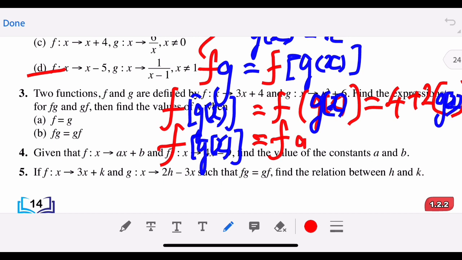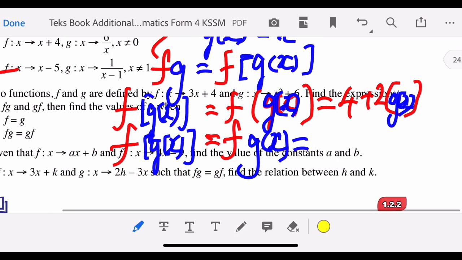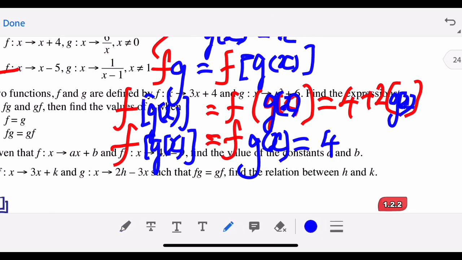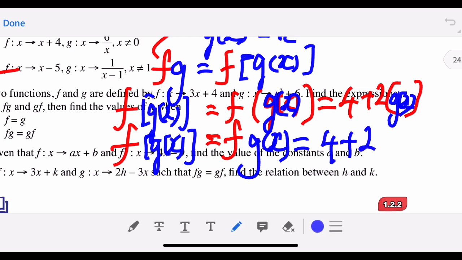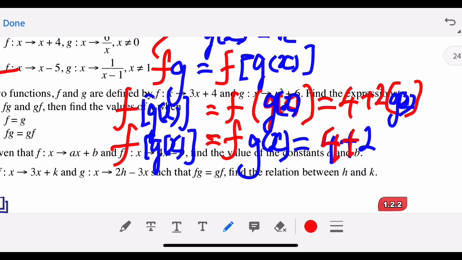This is fg of x, the object is gx, so you can just write as fg. So 4 plus, when you see gx, you will have to substitute the gx inside.